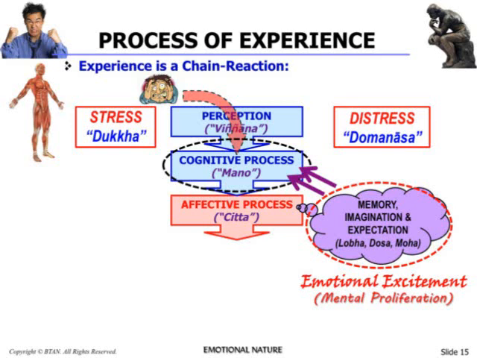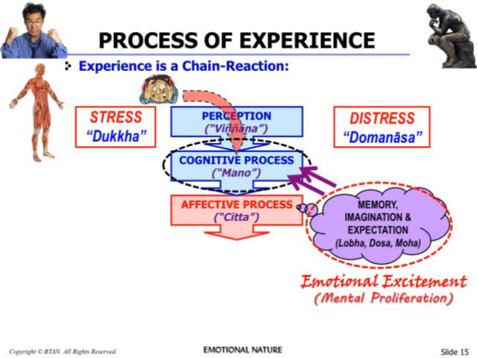Or imagining the future: oh, I'm enjoying this, I'm going to get more. I want this to go on and on. Or if it is something you don't like, then you remember the past: oh, this was something very dreadful, very painful. I hate it. And then you begin to feel sorrowful. Or you start to imagine, oh, this is going to disturb me for the rest of my life. I want it to stop. I want to get rid of it.